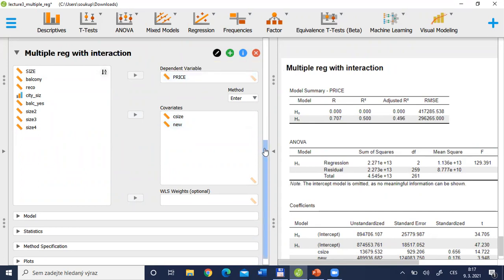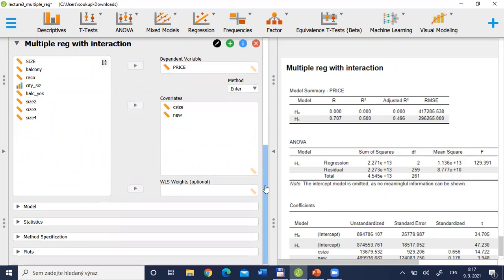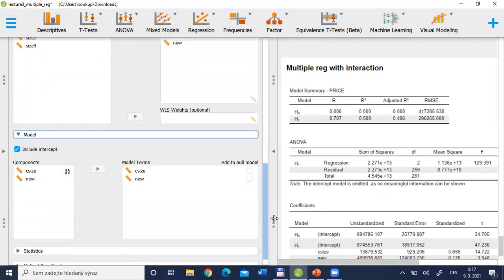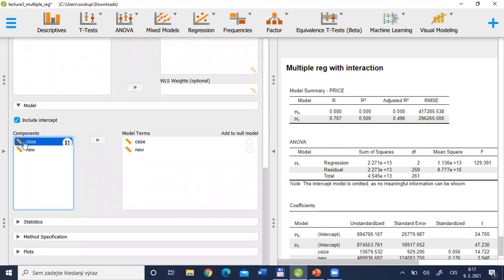And if you would like to prepare an interaction, that's quite easy in JASP. You would visit the option which is called Model. And here you can see that you can take both of these variables. So if you click with the left button of your mouse, then hold Control on your keyboard and click New as the second one with the left button, you will take both of these.